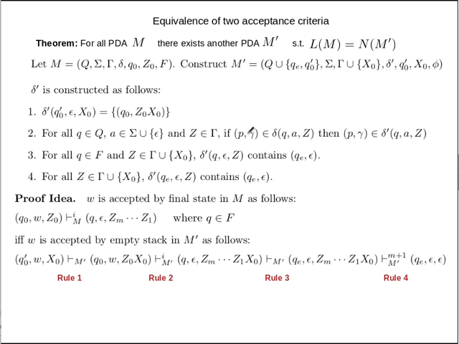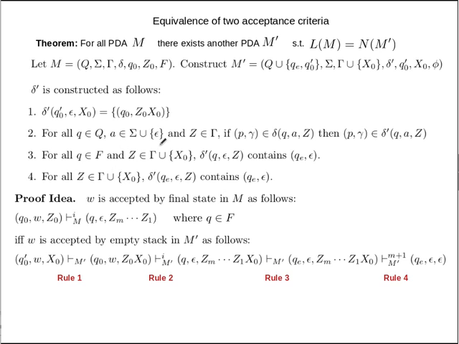Because delta contains this sort of pair: the first component is a state and the second component is a string over the stack alphabet. So for all q in Q, for all symbols or epsilon, whatever can go in here, and for all stack symbols Z, not X0. This X0 we will define later.